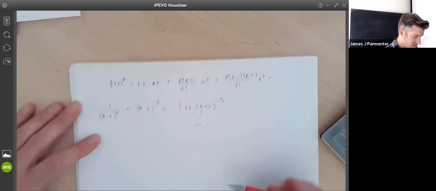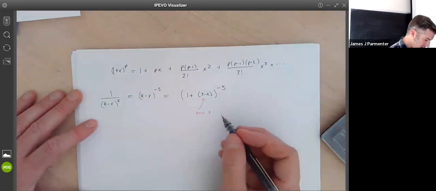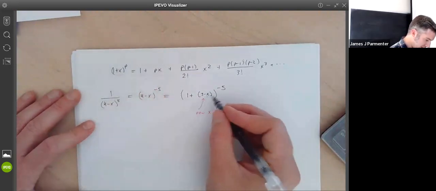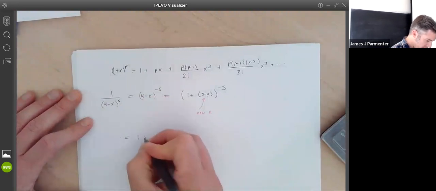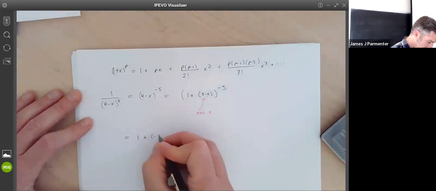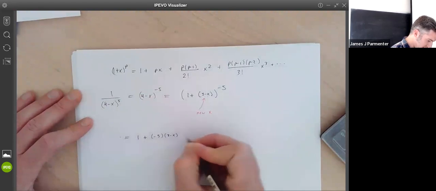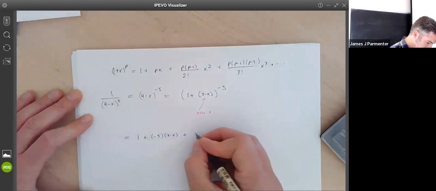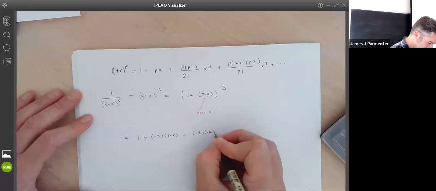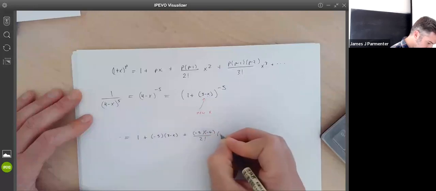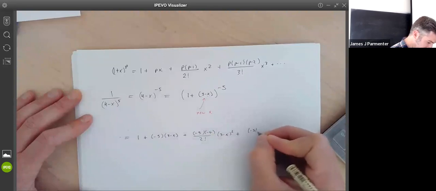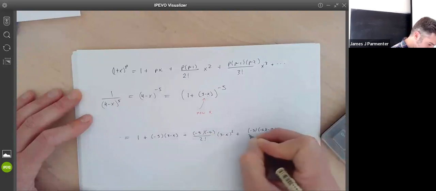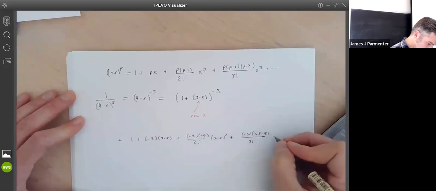And so if I start writing this out, my 1 plus x to the p is going to be 1 plus negative 5 times 3 minus x plus negative 5 times negative 6 over 2 factorial times 3 minus x squared plus negative 5 times negative 6 times negative 7 over 3 factorial times 3 minus x cubed.